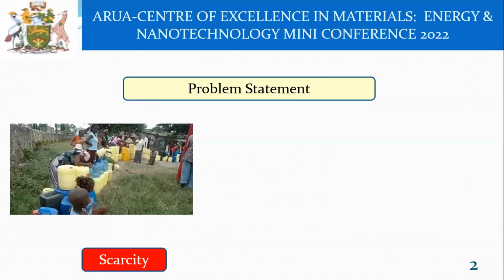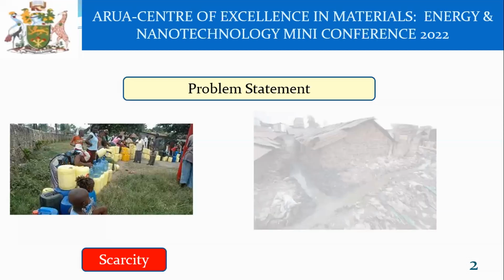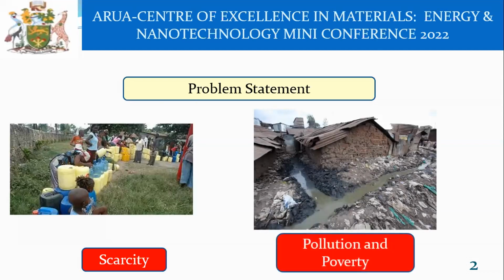Okay, those are common scenarios we see in Africa and most parts of developing countries. The World Health Organization predicts that at least one person dies every 23 seconds due to waterborne diseases. The 2.3 million people that die annually come from developing countries, 80% of whom are mostly children and women.